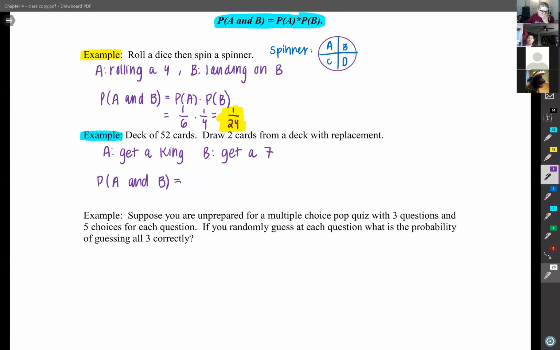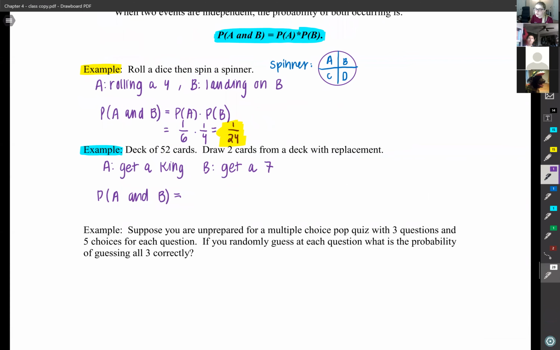Okay, let's go ahead and talk about this one. This one was probably a little more challenging. Okay, so by the multiplication rule that we have up here, these events are independent because we replaced the card. So the probability of A and B is just the probability of A times the probability of B. Well, my first event is just the probability of getting a king.